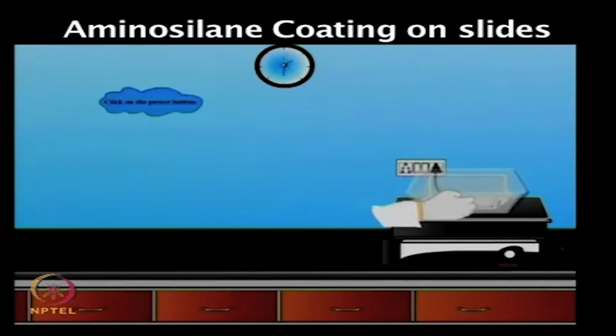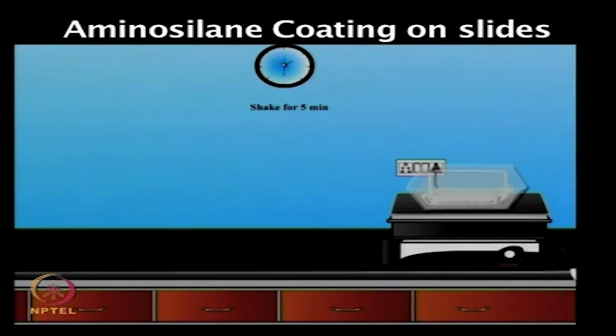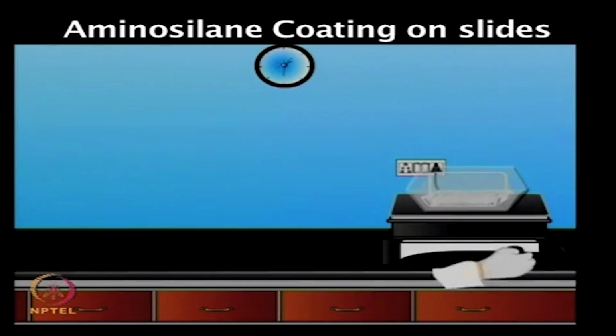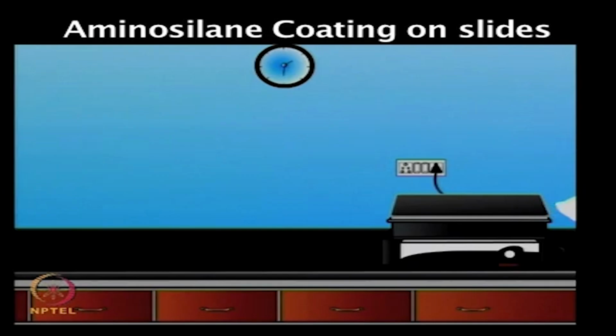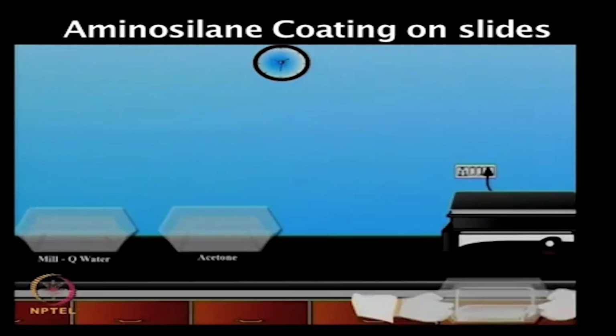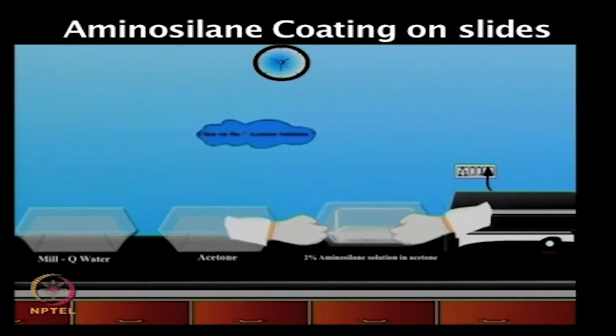Treat glass slides in aminosilane coating solution for around 15 minutes in a glass box on a shaker. Rinse with acetone followed by brief rinsing with milli-Q water. After washing steps are done, you can spin dry in the speed vac.